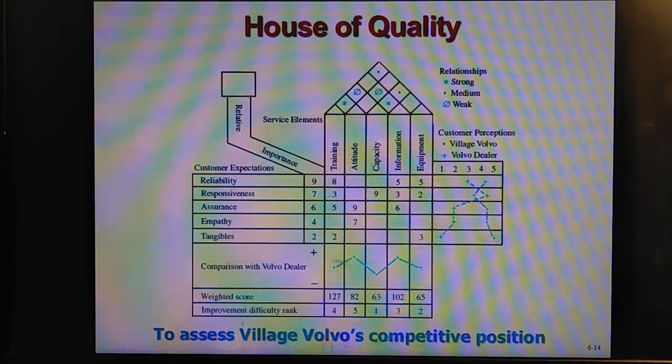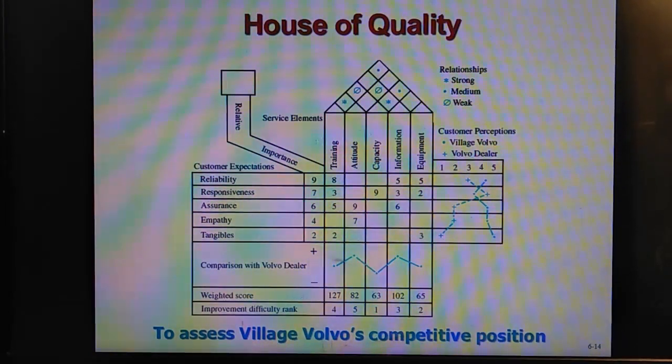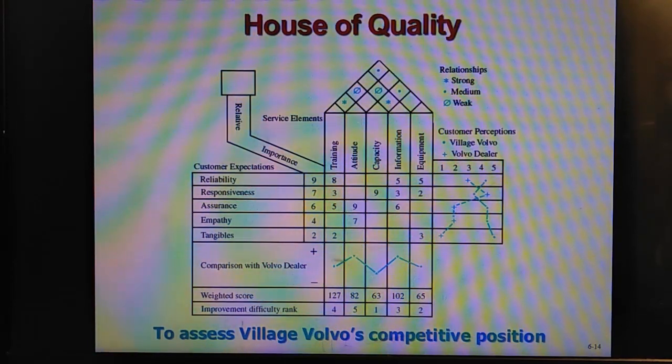If you want to calculate the relationship between the service element and the customer expectation, you can take, for example, reliability and training. You multiply it and add to the next value, which is responsiveness and training: 7 multiplied by 3 plus 9 multiplied by 8.